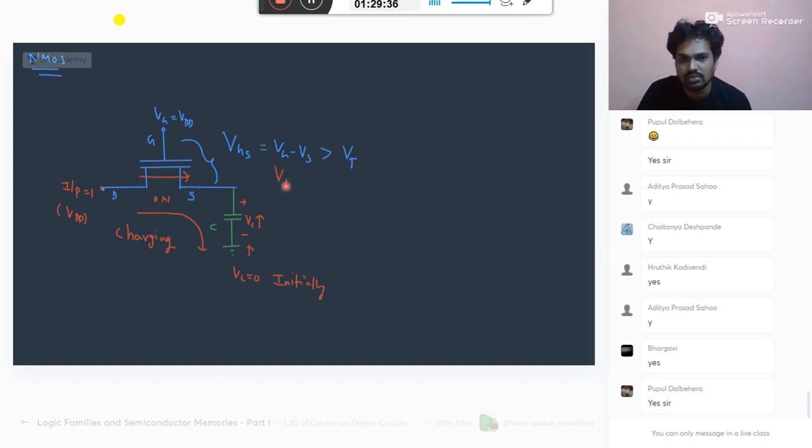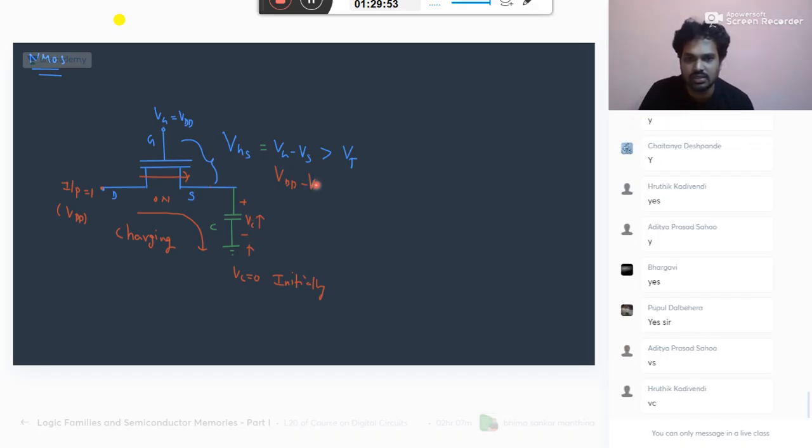Your gate voltage is VDD. What is Vs? Voltage between this and ground. Vc should be less than VDD minus Vt. Now we come to one limitation.